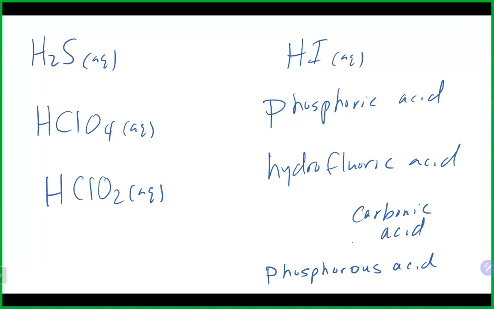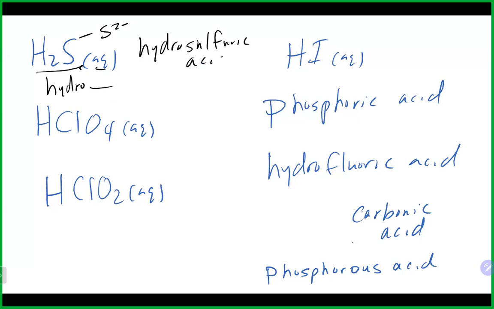Again, this is an acid. I see aqueous. I see no oxygen, which means I do know it's going to start with hydro. That is going to be S2 minus, which is sulfide. So this will be hydrosulfuric acid. Again, no oxygen, so we have the hydro in the beginning.